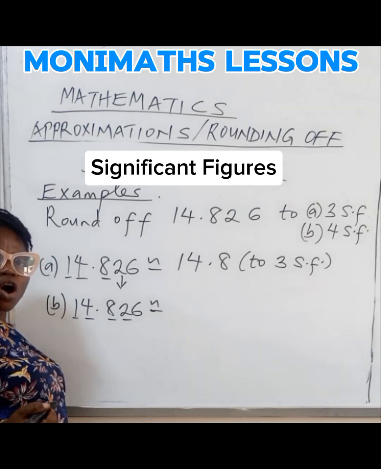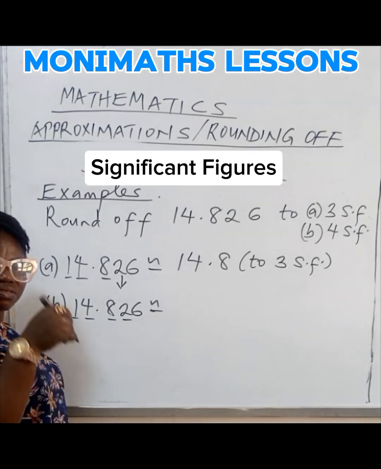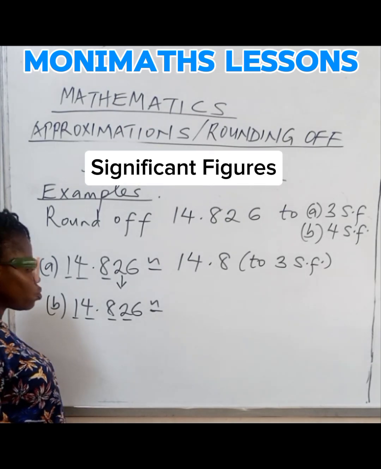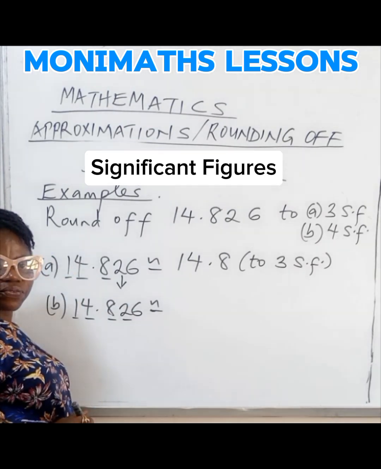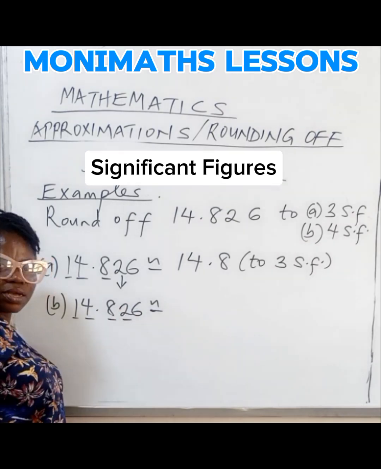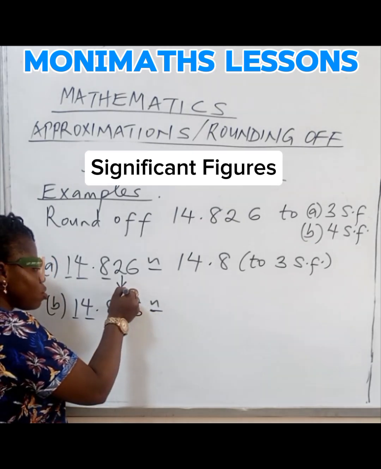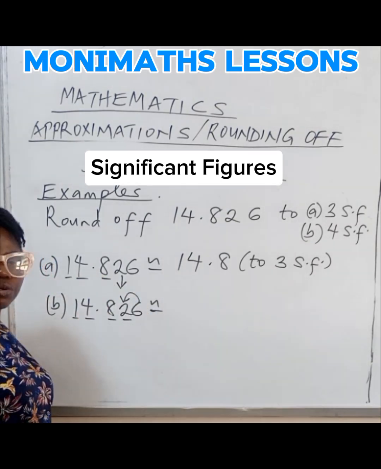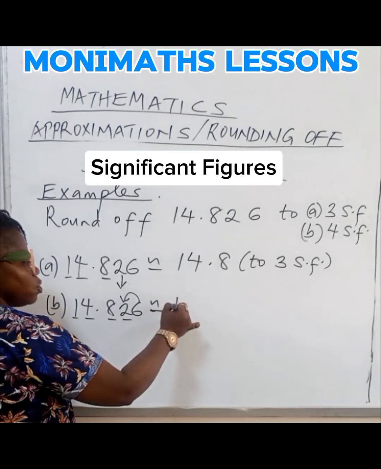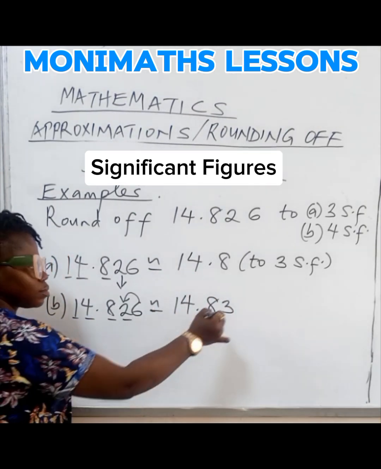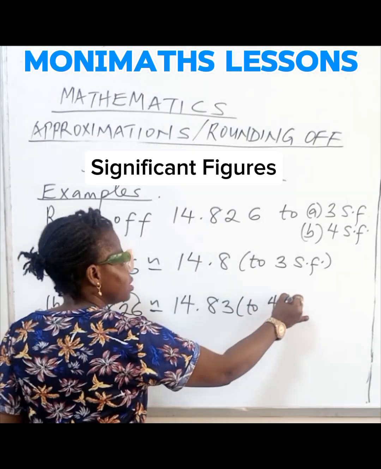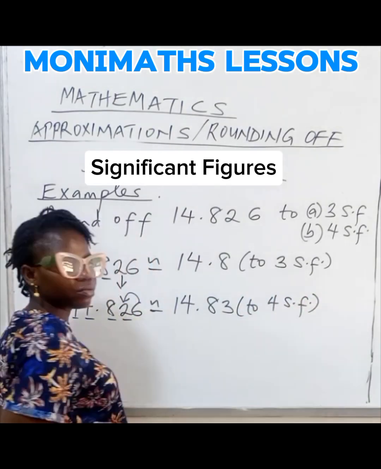If it is not up to 5, it is rounded down. So in this case, 6 is up to 5. 6 is up to 5 and even more than 5. So it will be rounded up upon this 2 so that we call it 14.83 to 4 significant figures.